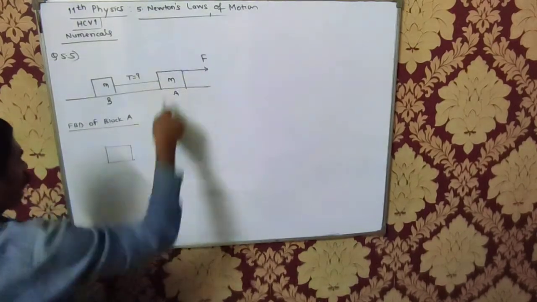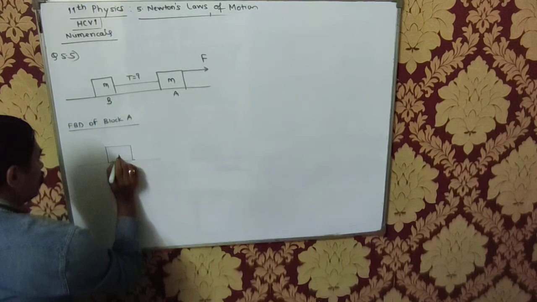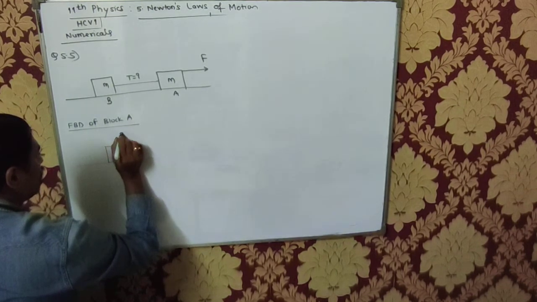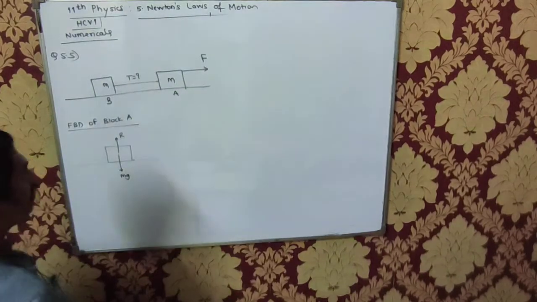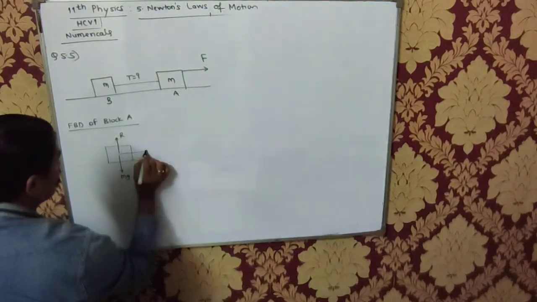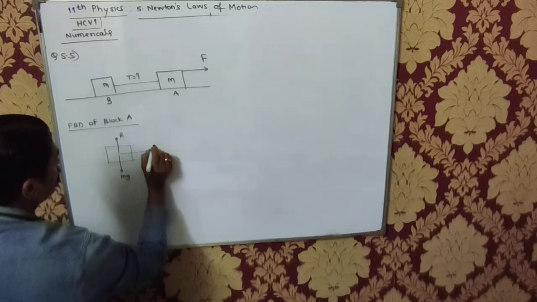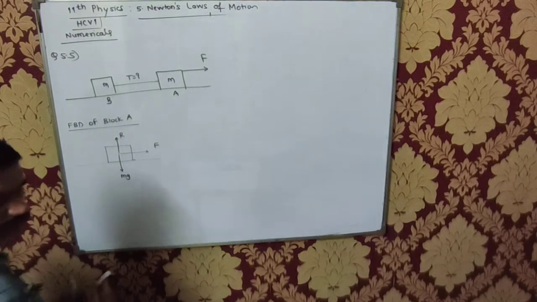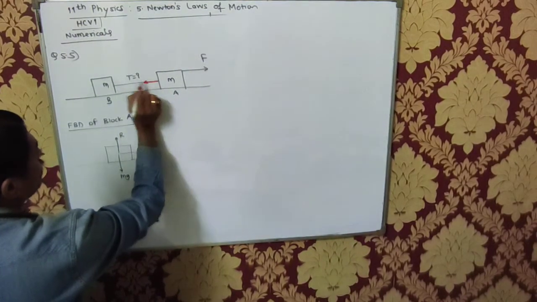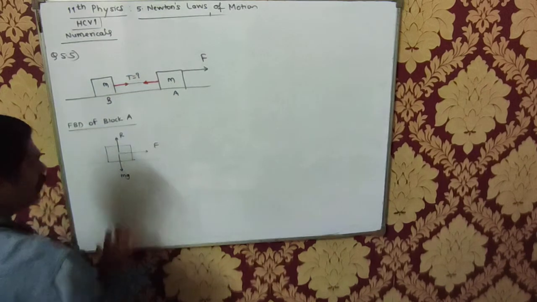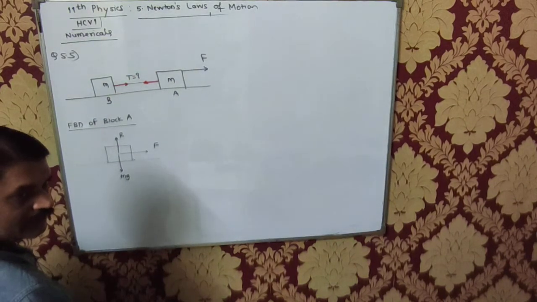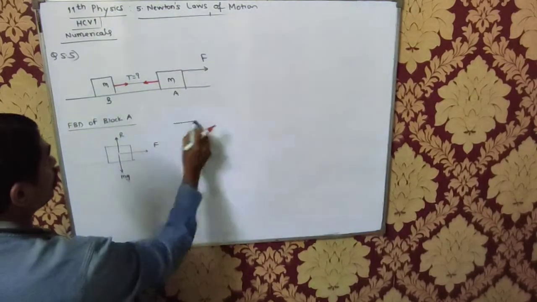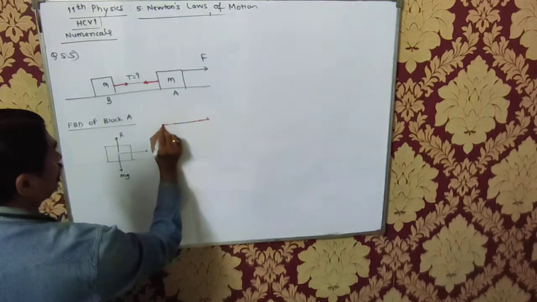There is a downward force acting on this block, mg, and then there is a normal reaction, N. There is an unbalanced force, this force F, and there is a tension acting in this direction. That tension will pull block A this way and block B this way. Tension will remain tension, right? Whereas if I draw the free body diagram of the string, both tensions will pull the string in opposite directions. Did you understand this?